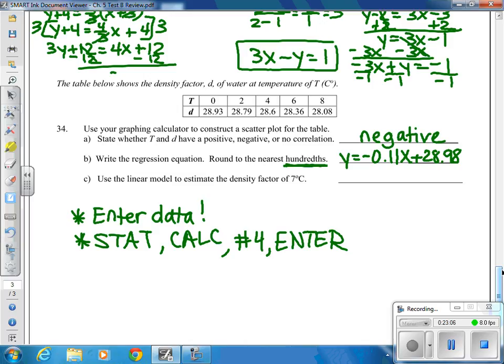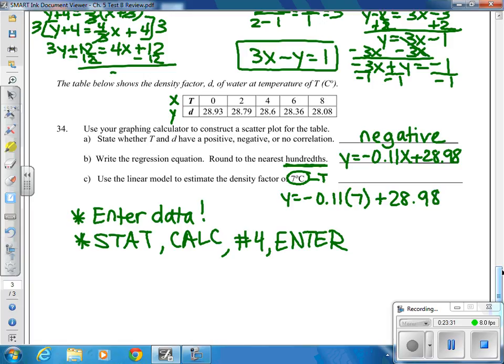Now to answer letter C, you have to use the equation from letter B to figure out what 7 degrees Celsius would be. 7 degrees Celsius represents your T, right? Which in our case, remember the top one is X, the bottom one was Y. So T is my X value. So in place of X, I need to put the number 7 and calculate the math. So this will be y equals negative 0.11 times 7 plus 28.98.